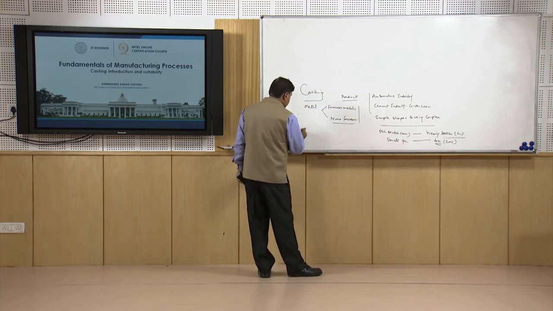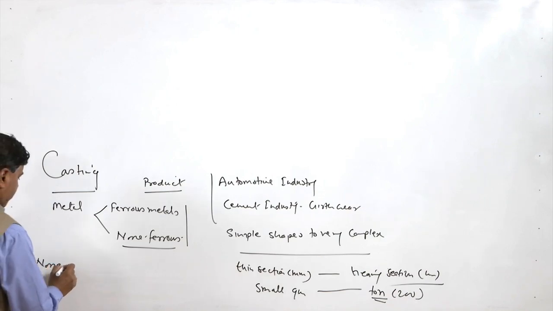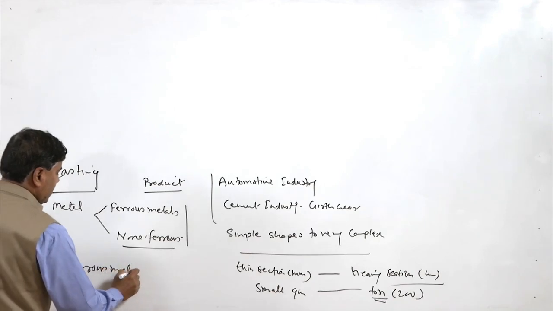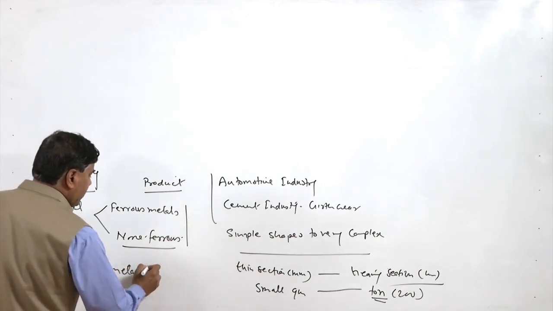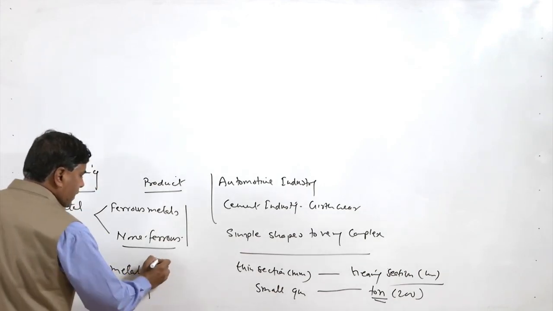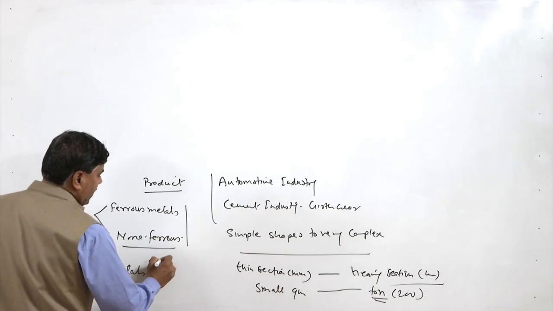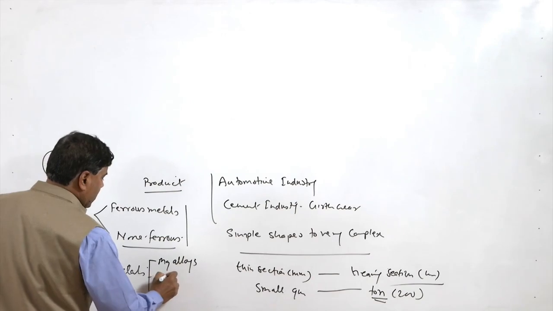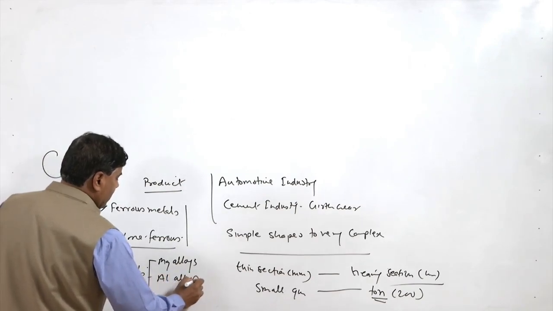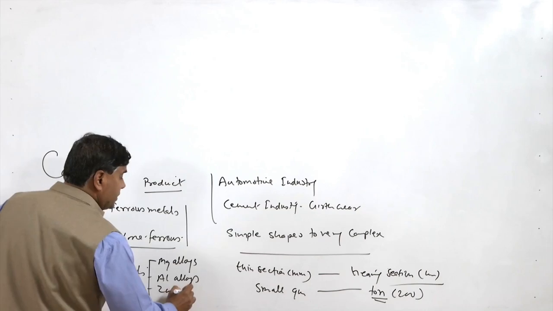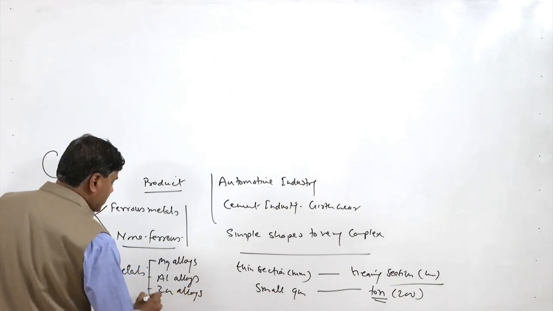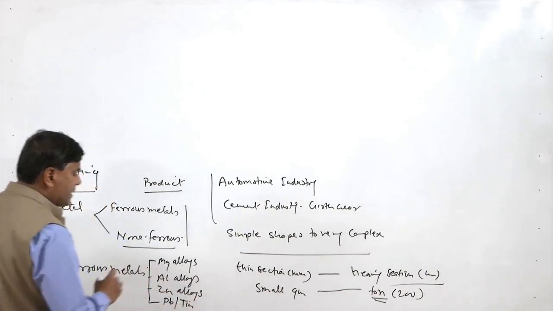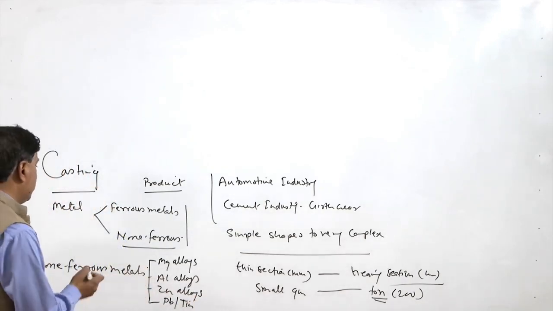Among the non-ferrous metals we have various categories, like magnesium alloys, aluminum alloys, zinc alloys, and also lead and tin, which are common non-ferrous metals.